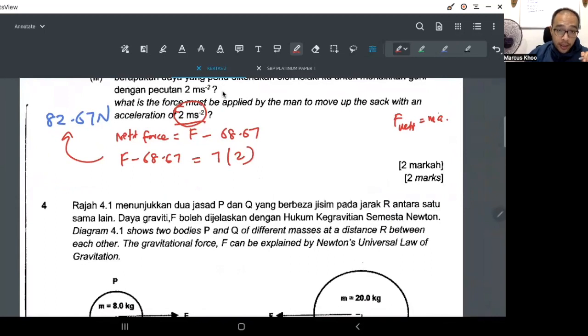Okay. So again, remember, if there is no acceleration, weight equals the force, no problem. But if there is an acceleration, you need to think about which direction is the force and which direction is the acceleration. If the acceleration is going up, then it is up minus down.